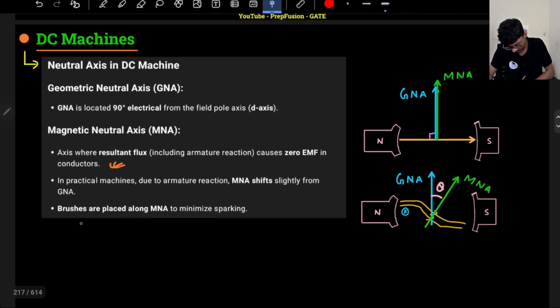So there is a problem. Brushes should actually be placed along the MNA to minimize sparking, because there will be a rate of change of current. If there is a rate of change of current, a voltage will be induced. Due to that induced voltage, sparking can happen. That voltage can be very high. In this lecture we have discussed that. So in practical machines, due to armature reaction, the MNA will shift from GNA.